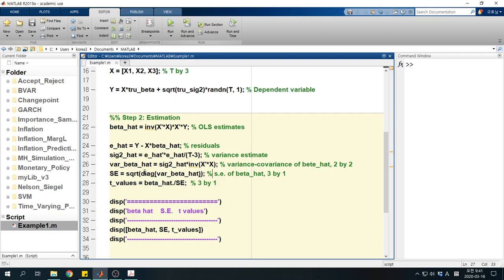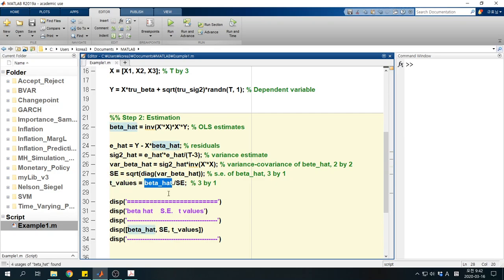We need its diagonal elements, so that's why we have diag. So the diag of the variance of beta hat is now 3 by 1, and we take the square root. This is defined as SE. And this is t values.